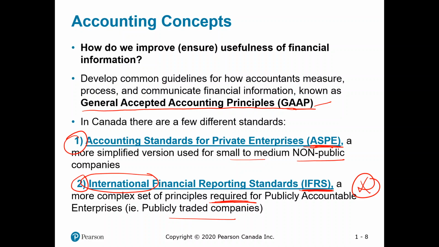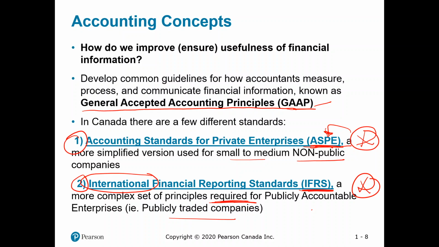IFRS is a bit more complex than ASPE. IFRS is required for public companies, but a non-public company, a private company, could choose to use IFRS. But because it's more complex, they typically would use ASPE. ASPE is by far the more common standard that I've seen while I was working in Red Deer.